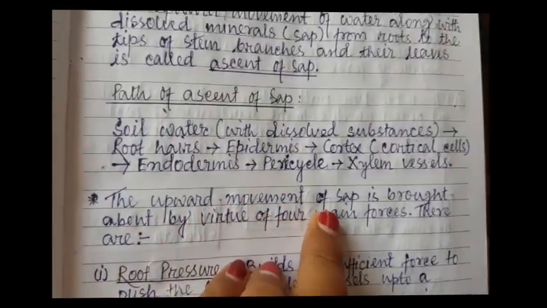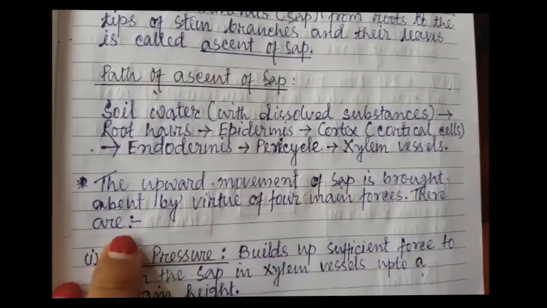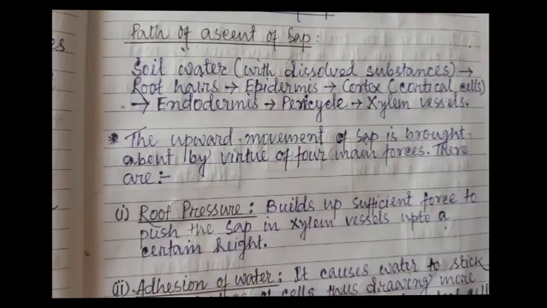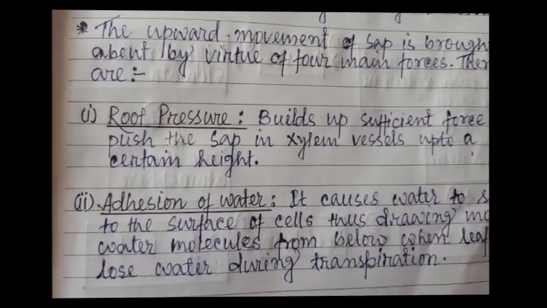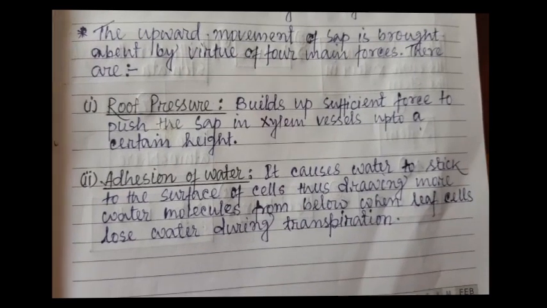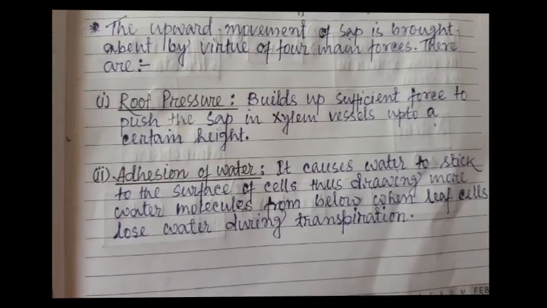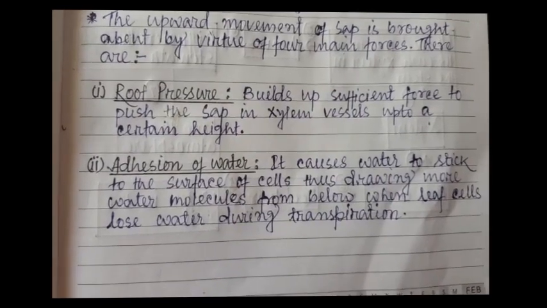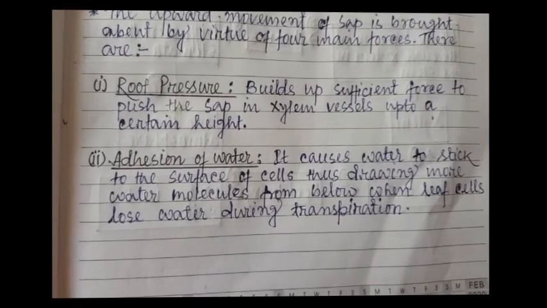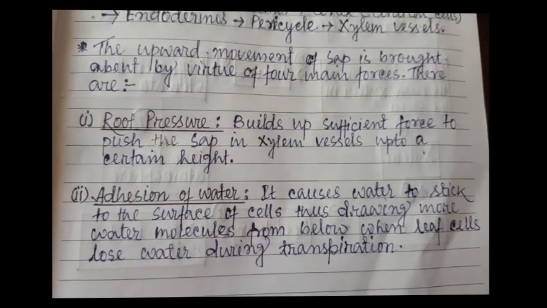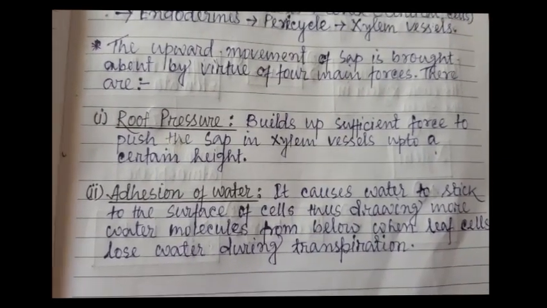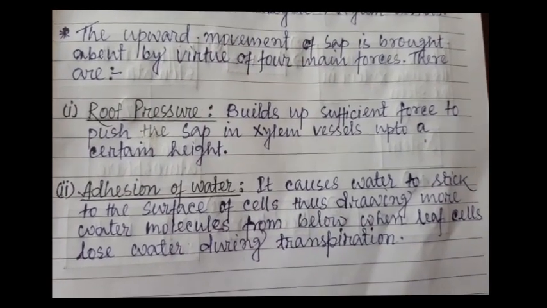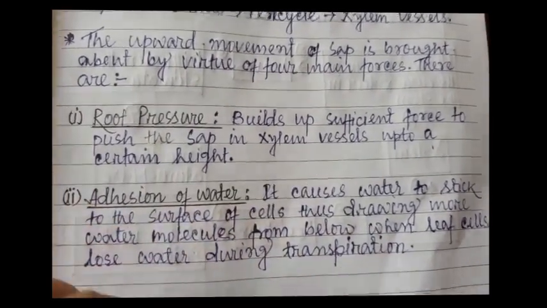So, the upward movement of sap is brought about by virtue of four main forces. Number one is root pressure, which builds up sufficient force to push the sap in xylem vessels up to a certain height. The next is the adhesion of water, which causes water to stick to the surface of the cells, thus drawing more water molecules from below when leaf cells lose water during transpiration.